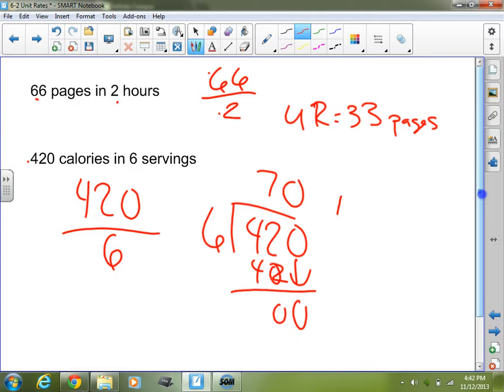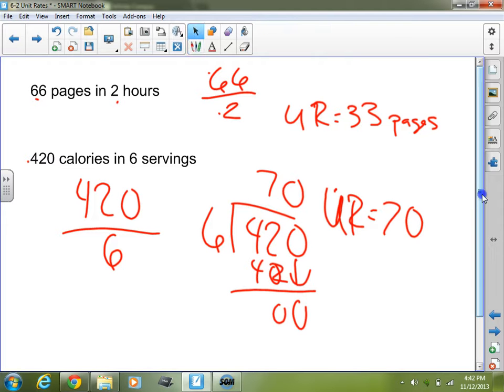So my unit rate is going to equal 70 calories per serving. Very, very simple. All I'm doing is simply dividing. So to find the unit rate, all you do is simply divide.